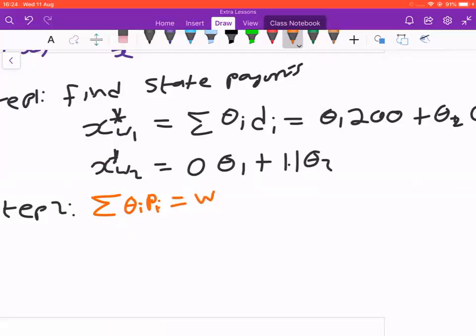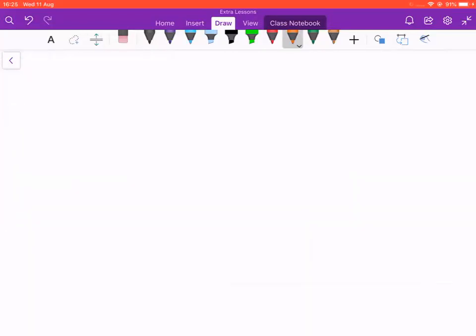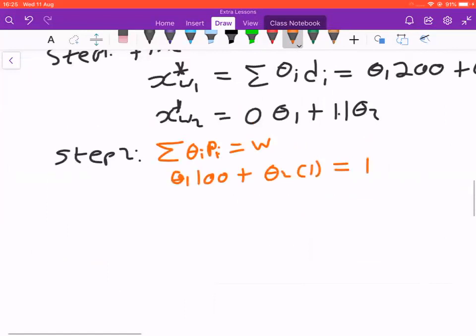Asset 1, the amount for 1 you buy, asset 1 costs 100, and the amount for 2, let's say it costs 1, right? And then we see that the wealth is going to be equal to this, and then you would try to simplify these things.